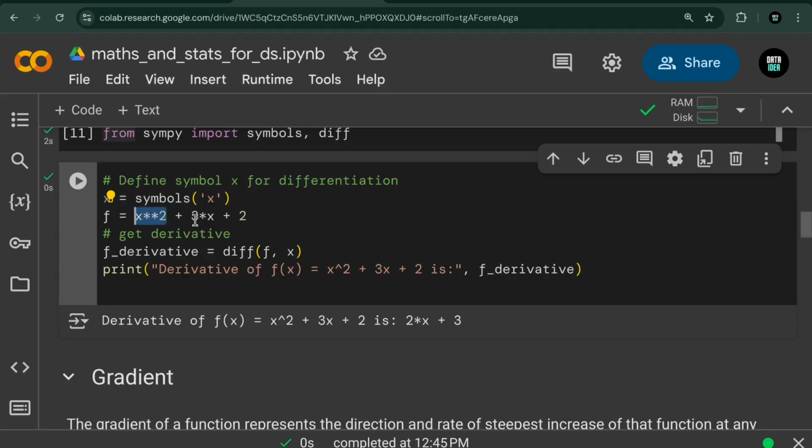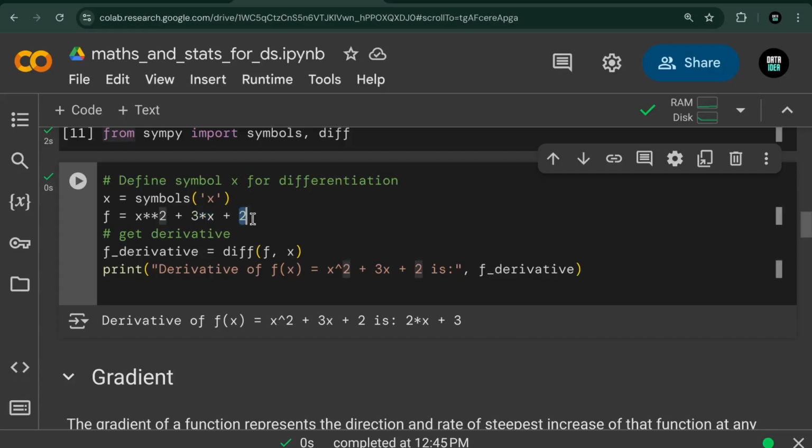It's the same thing that happened here. We reduce the power of x by 1. Now for this other term, the power of x is actually 1, so when we reduce it by 1, it becomes 0, and any number to the power 0 becomes 1. Okay, so that's why we end up with just plus 3.